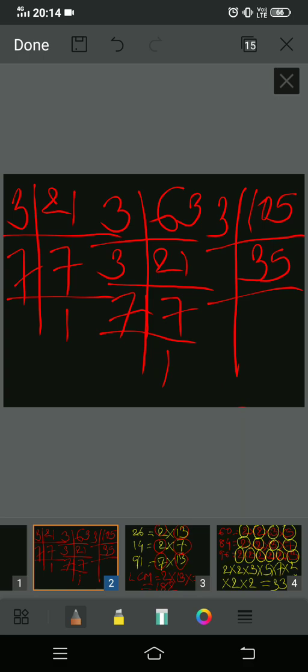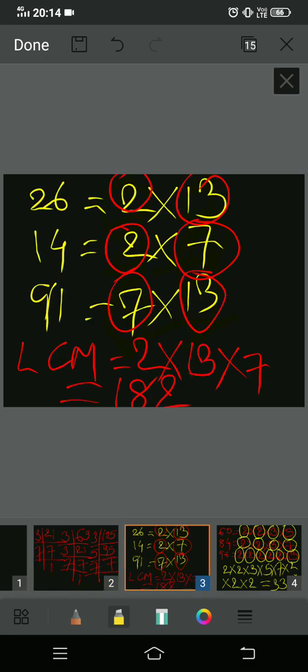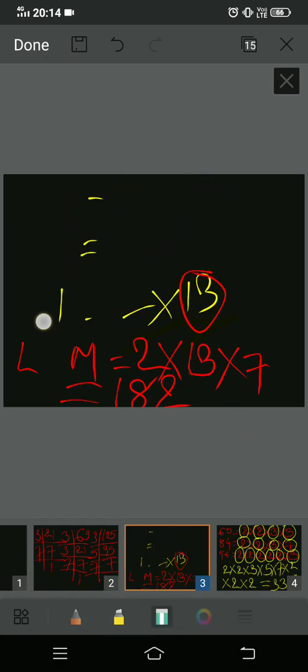And then 35 is not a factor of 3, so we will use here 5. So 5 7s are 35, and then when you divide 7 by 7, you'll get the remainder 1. Okay, so now 1 has come in all three. So we stop here. Next step I'll show.